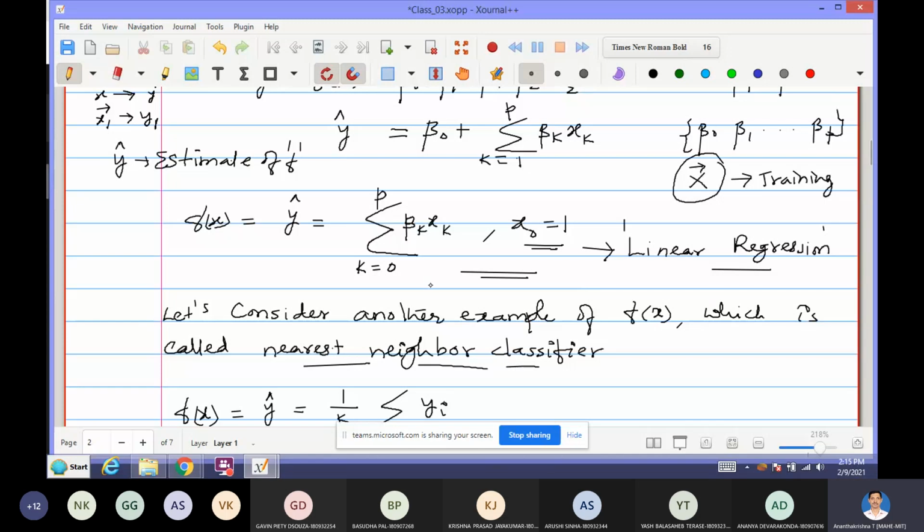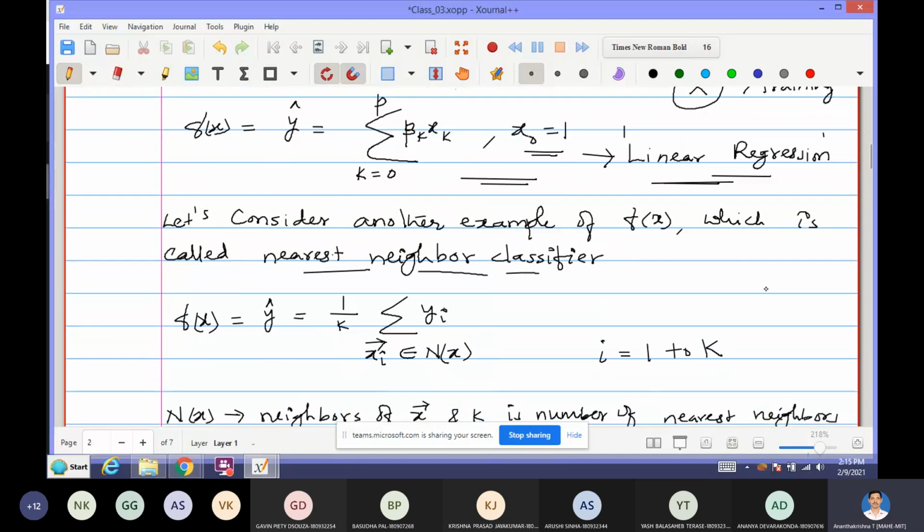So this essentially represents the linear regression. I hope this point is pretty clear to us. So that is one possible form that the function f can take, correct?